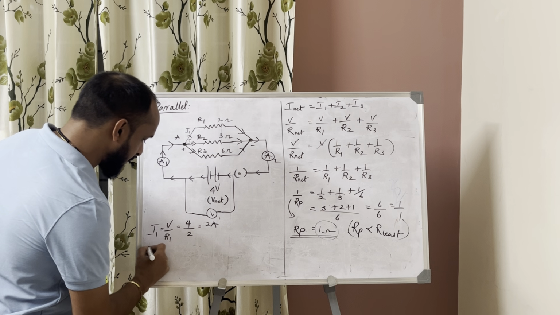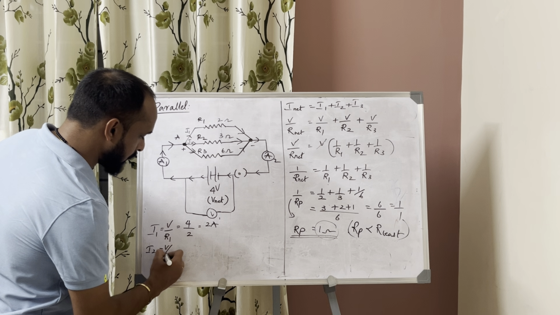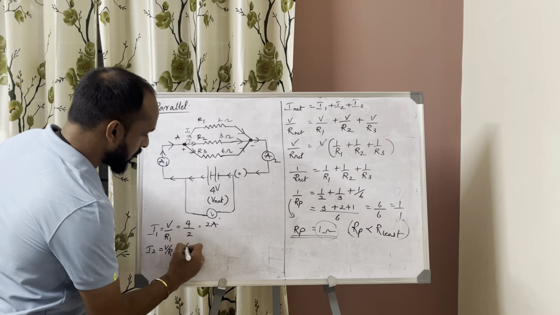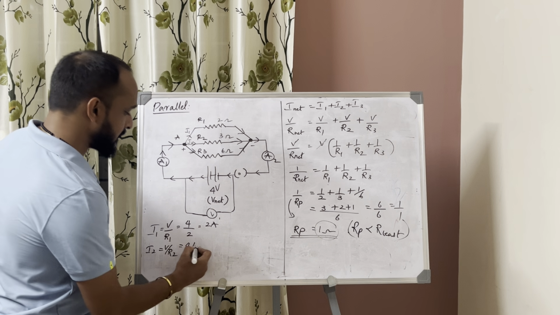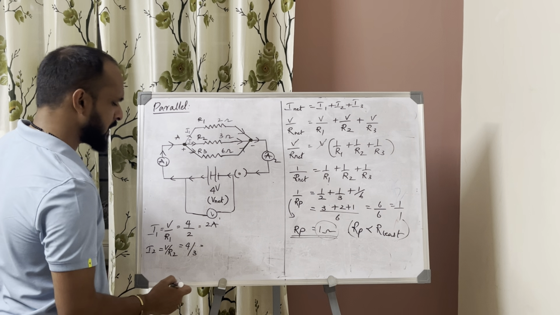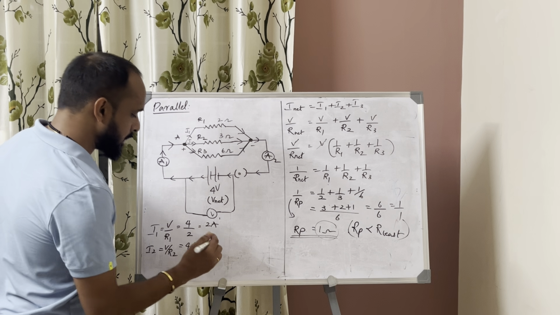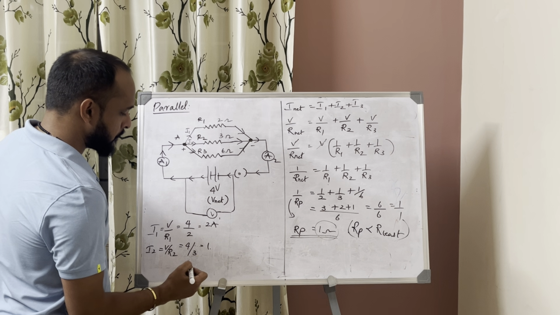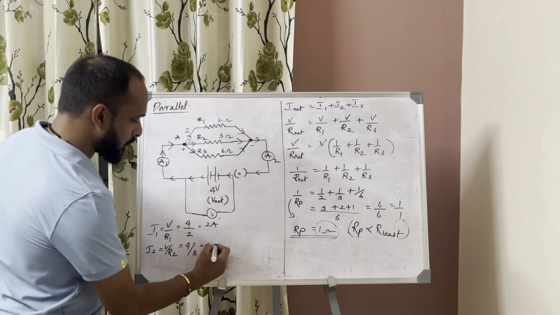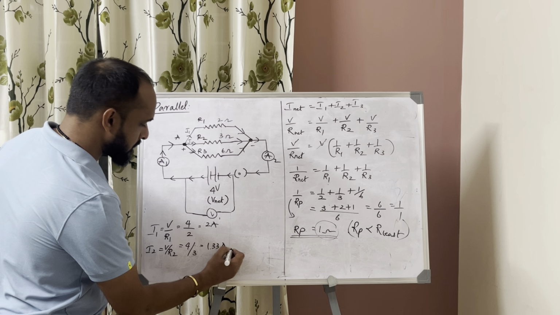Okay. Next, my current I2 is equal to total voltage divided by R2, which is 4 divided by 3, which is somewhere around 1.33 amps.